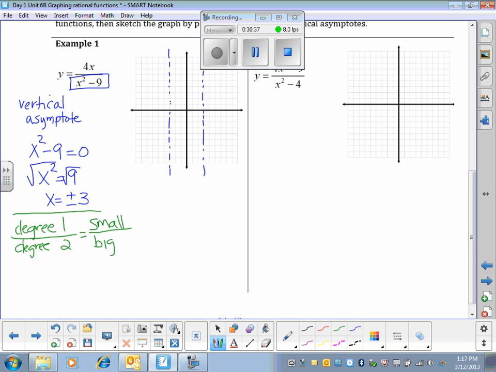So y is equal to 0. If you use the way that I just talked about, you would add a 0x squared. So it'd be 0 over 1 is 0. So y equals 0. So my horizontal asymptote is going to be right here.